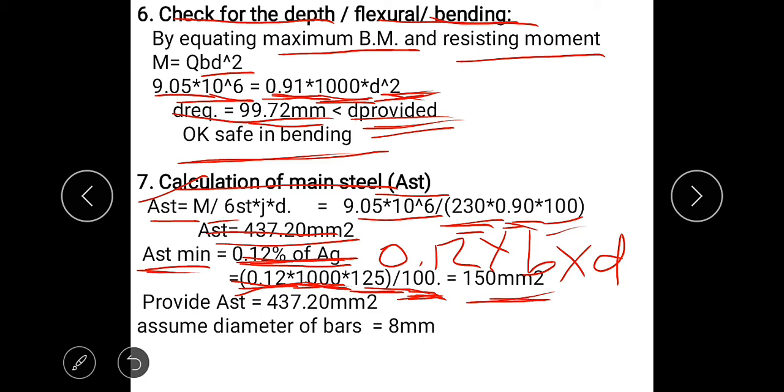The Ast minimum is 150 mm squared and what we provided is 437, so provided is greater than required and it's okay. We assume the diameter of the bar is 8 mm; in a slab we assume an 8 mm or 10 mm bar.